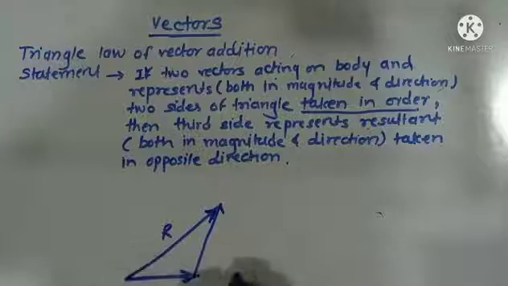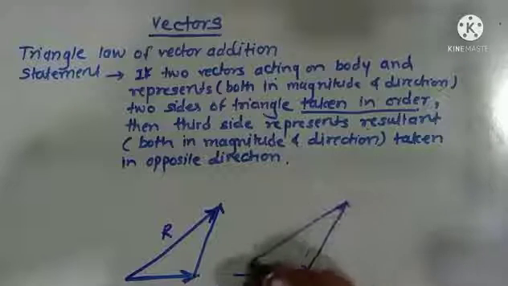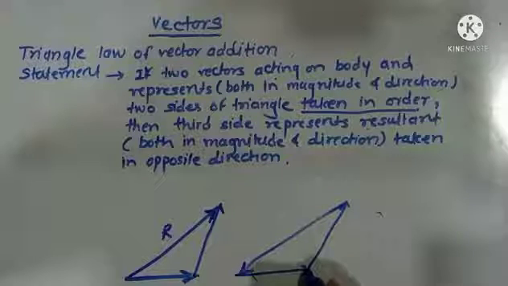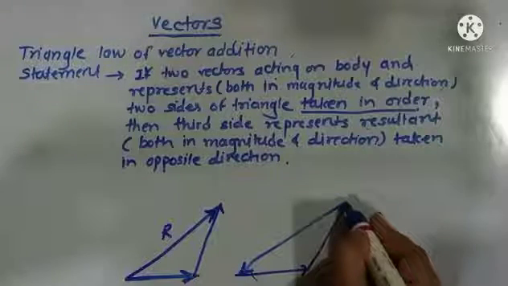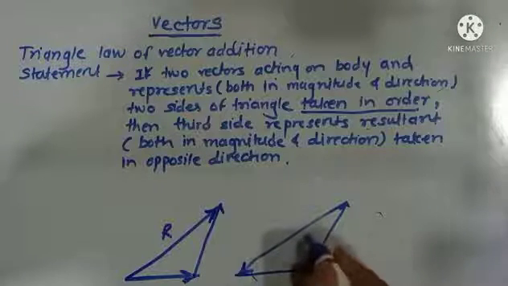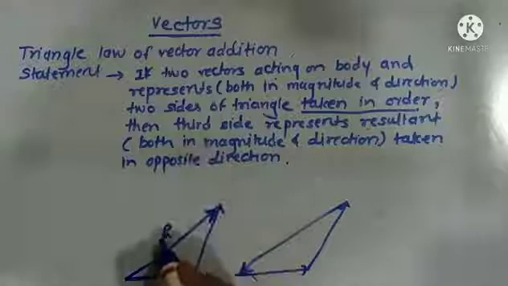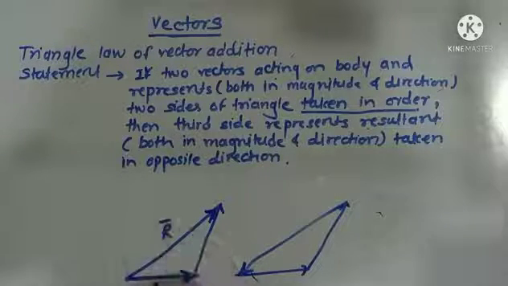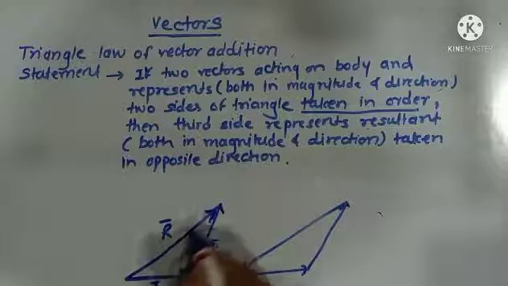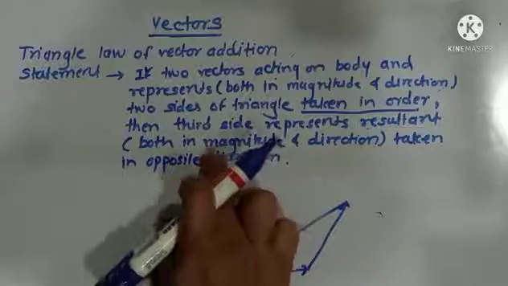In order, vectors will be like this. Tail of the first is on the head of the second, tail of the next is on the head, tail of the next is on the head. So these are in order. But the third side represents the resultant taken in opposite direction, taken in opposite order, we can say.